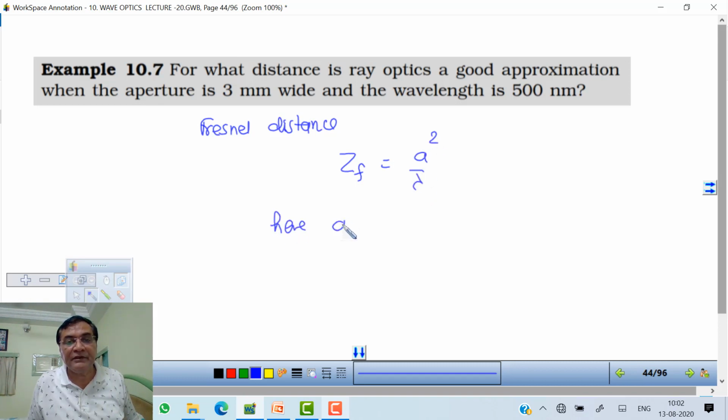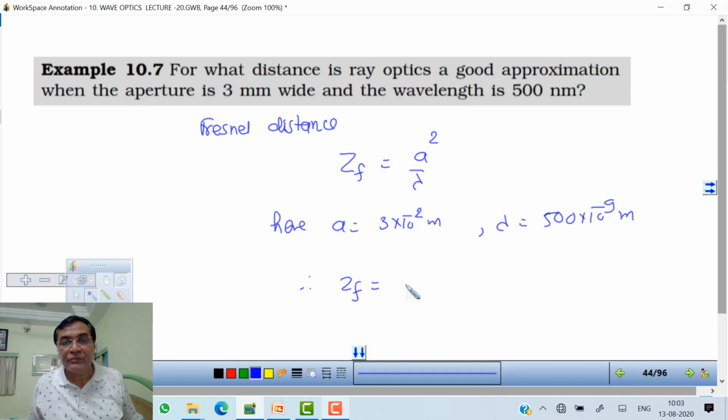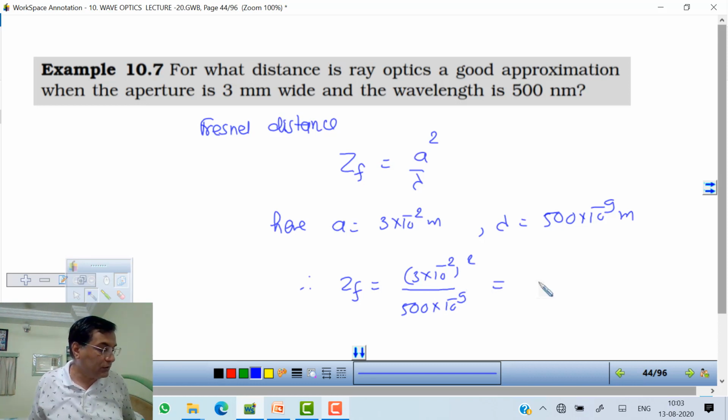What is a here? a is equal to 3 millimeter, so 3 into 10 raised to minus 3 meter, and wavelength is 500 into 10 raised to minus 9 meter. Therefore, ZF is equal to a square, means 3 into 10 raised to minus 2 square divided by 500 into 10 raised to minus 10. So if you do the calculation, you will get 18 meter.